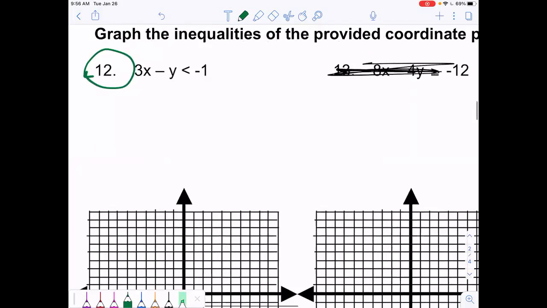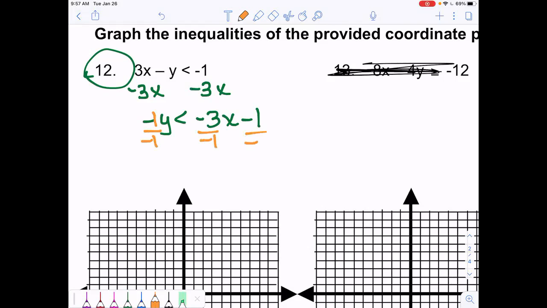So number 12. -y is less than -3x minus 1. Dividing by a negative means flip the sign, and we end up with y greater than 3x plus 1. So that's number 12 there. So you graph 1 line and you shade. Those are a lot easier because it's just 1 line that you're graphing.